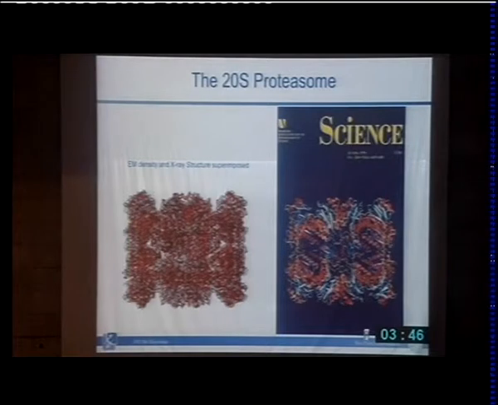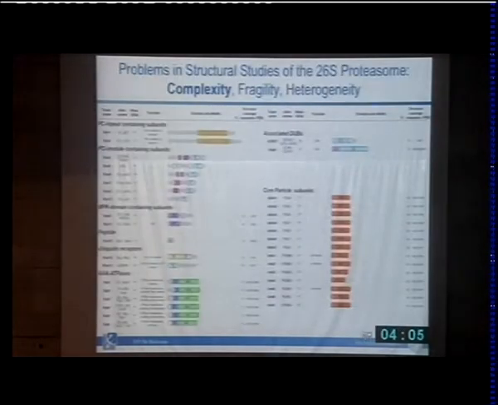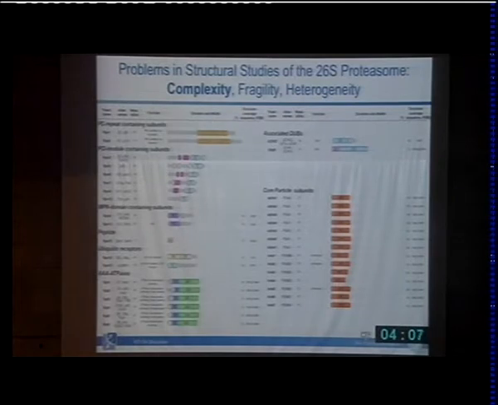The difference is that was something like 3 years of crystallization trials, and this was no crystallization and 9 hours of data collection, followed by a day or two of processing. I think that is that development, and that was even done without the detector technology that became recently available. Now, however, determining the structure of the 26S is much more challenging.